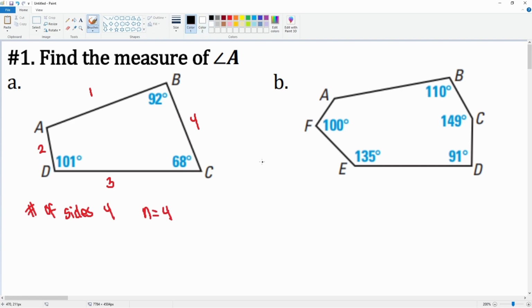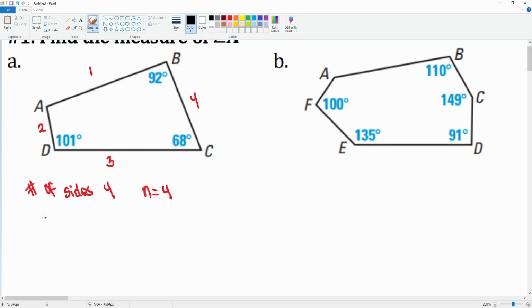The formula that you want to remember for the interior angles is that n minus 2 times 180 is going to be equal to the total sum of interior angles.